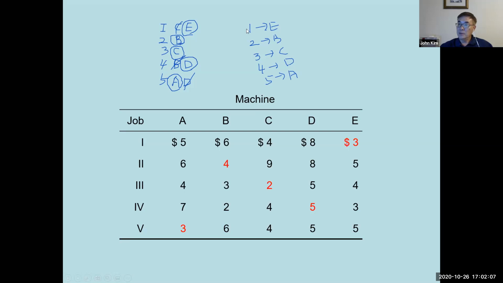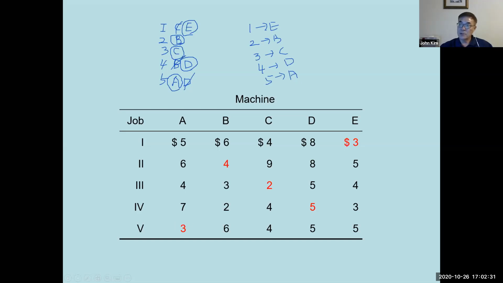If we assign job 1 to machine E, then $3, job 2 to B, $4, job 3 to C, $2, job 4 to D, $5, and job 5 to A, $3.